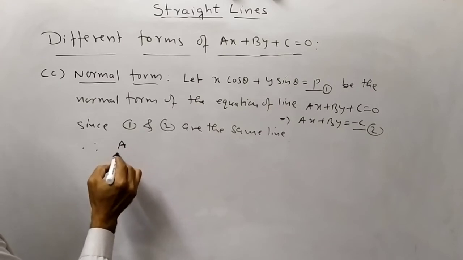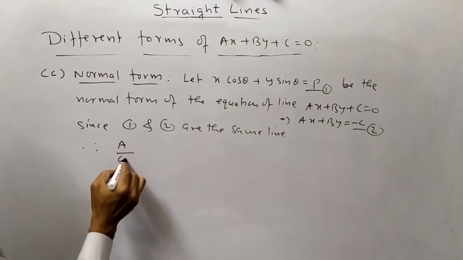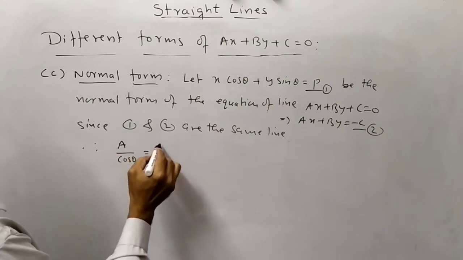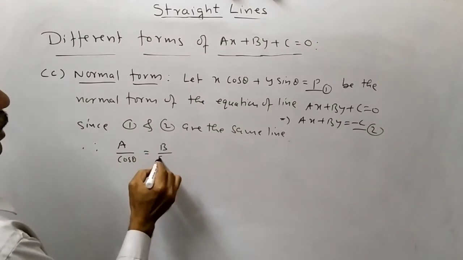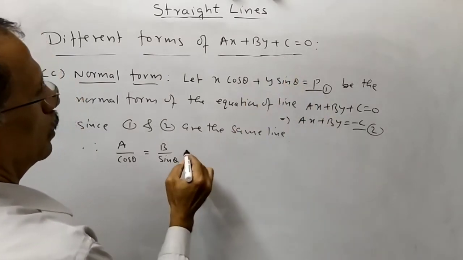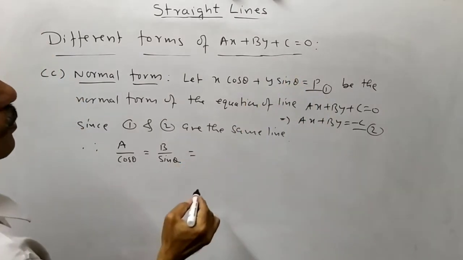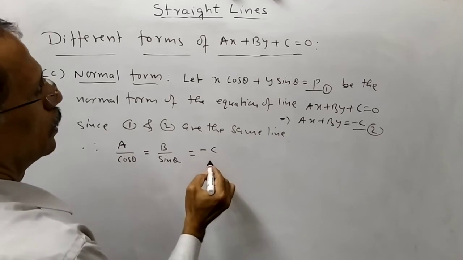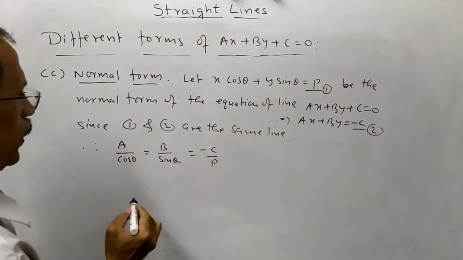That is, a divided by cos theta is equal to b divided by sin theta is equal to minus c divided by p.